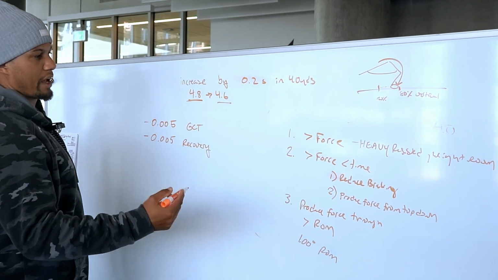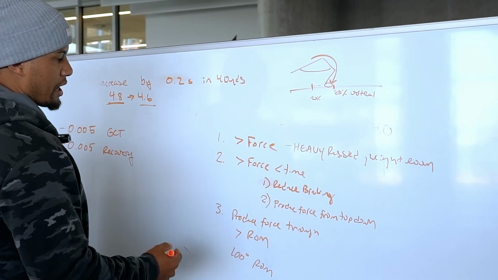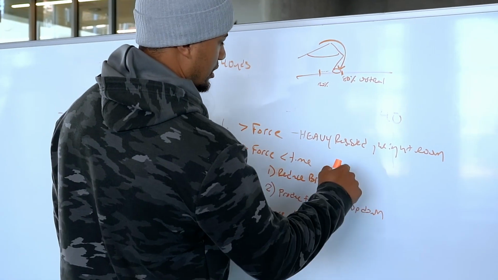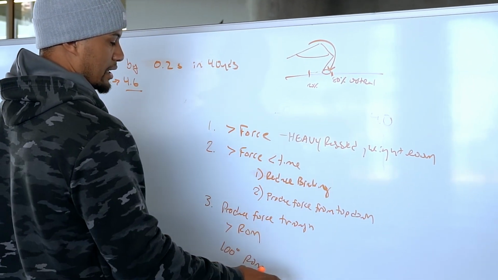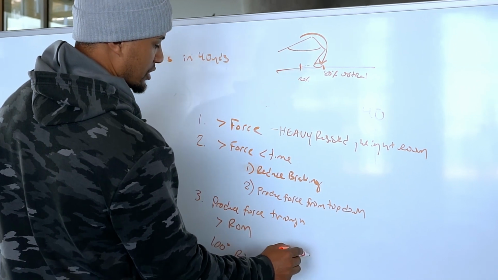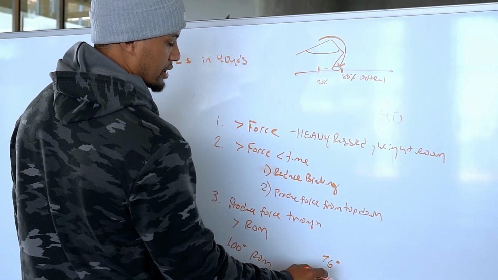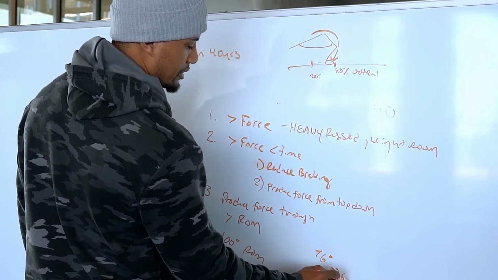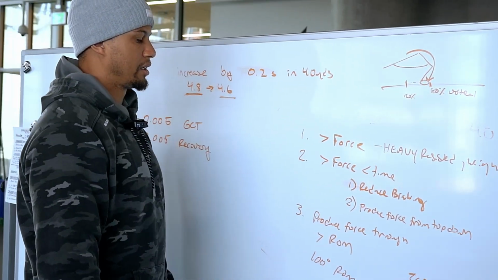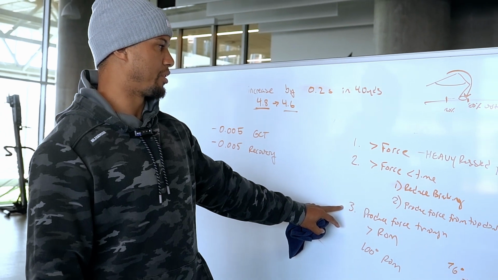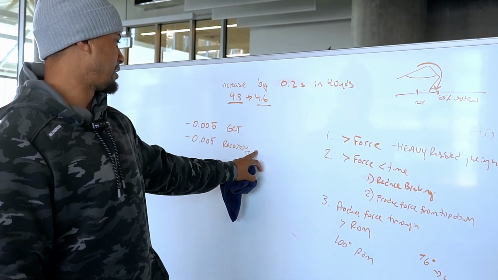So if I have a guy, for example, we have one of our O-linemen produces a lot of force. He's got great ground contact times, but he produces force through a 96-degree range. We know that a 4-degree range increase could greatly influence number 3, which could help him get to this.